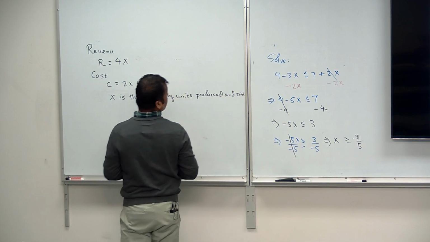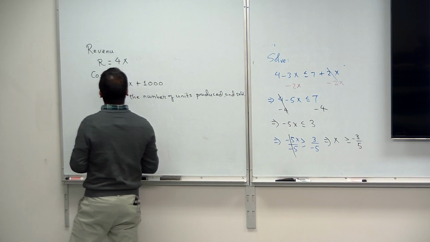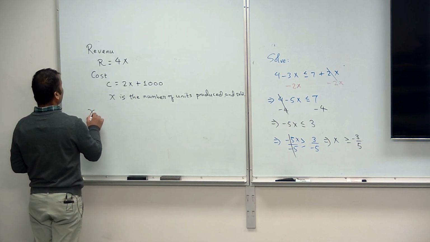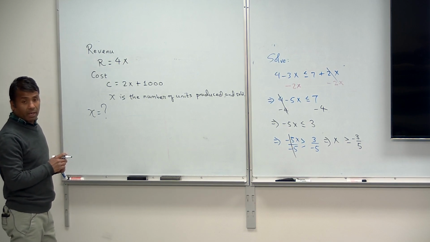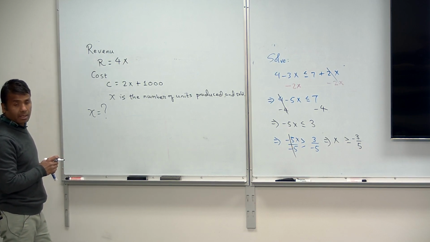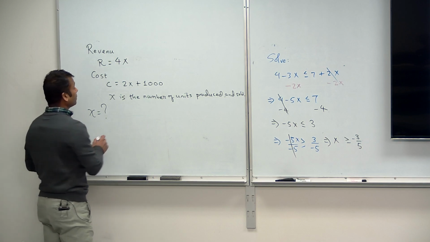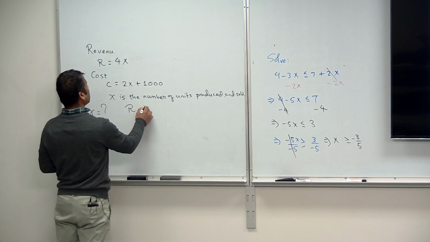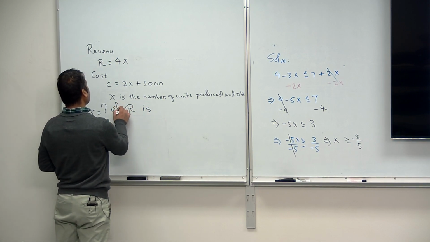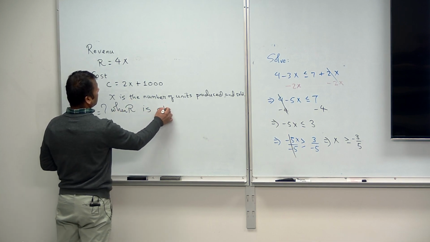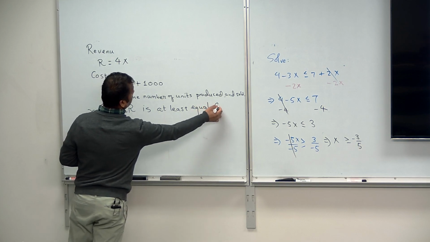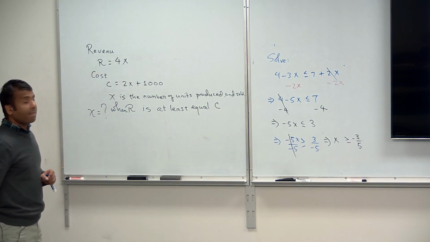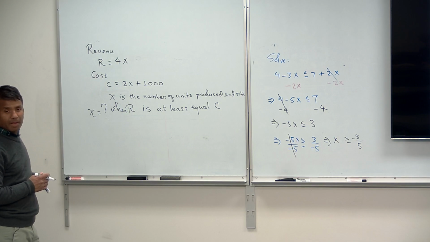So the question is, at what production level? So that means the value of x is what, right? When the revenue R is at least equal to C. Are you guys with me?